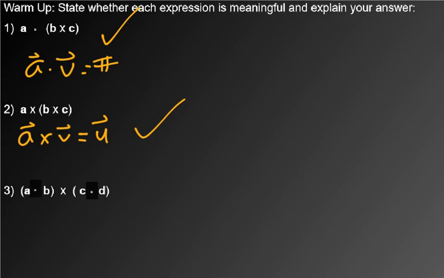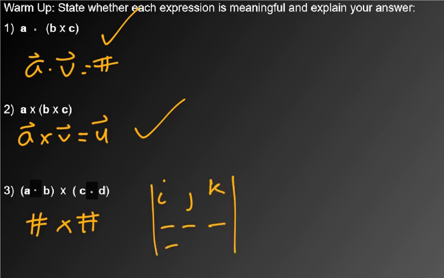But this last one doesn't make sense because you would do the dot products first, and basically this is just a number, and then it's saying what do you get if you cross that with another number, which just doesn't make sense. If you go to the cross product determinant here, and you have these 6 blanks you have to put in, this is supposed to go here, and this is supposed to go here, and you should just be confused, because it doesn't make sense.